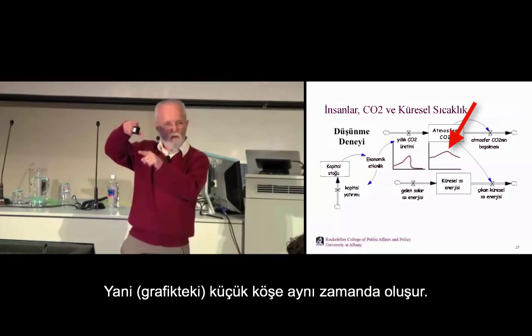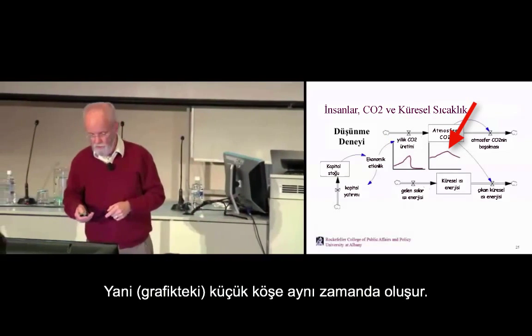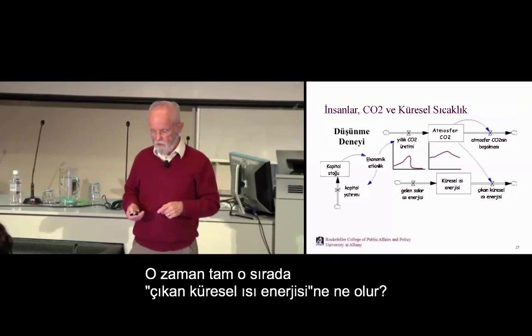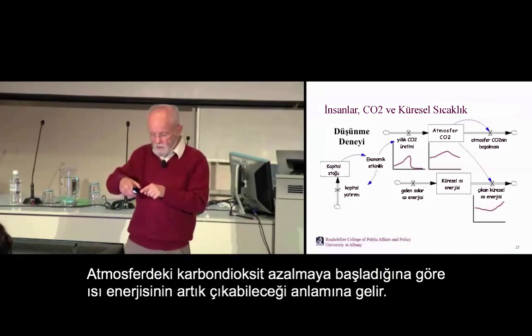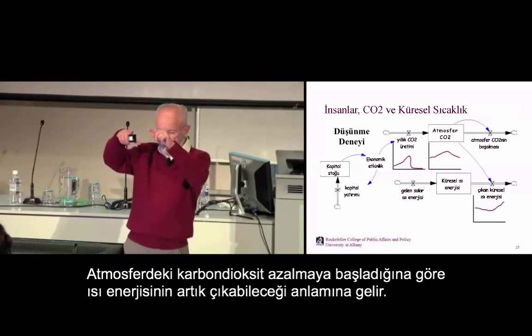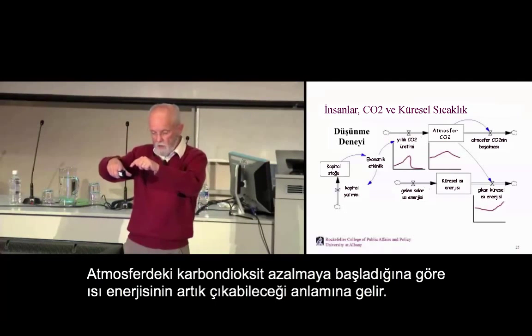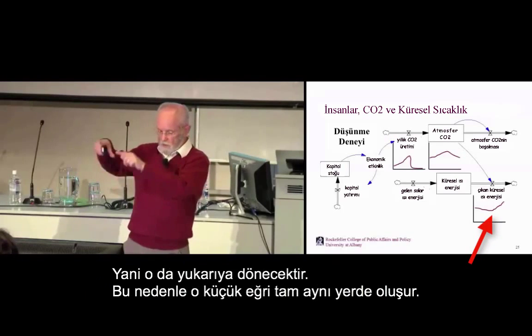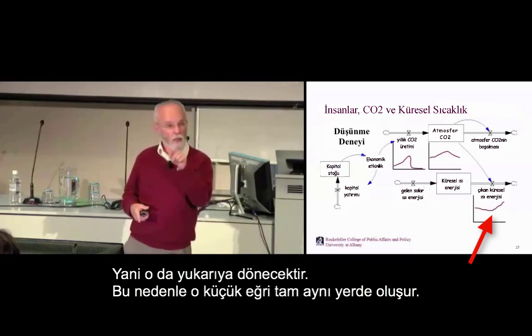So that little corner occurs at the same time. Cool. So right at that moment, what happens to outgoing global heat energy? Well, atmospheric CO2 has started to go down, so that means that heat energy can start to leave, and so it's going to start curving up, and that little curve occurs at the same place.